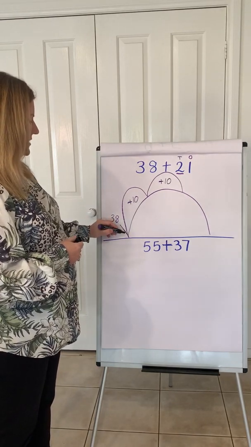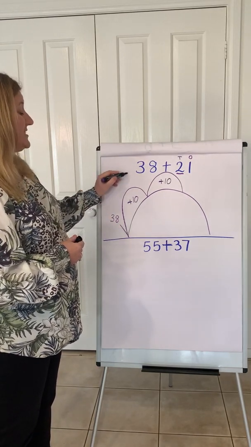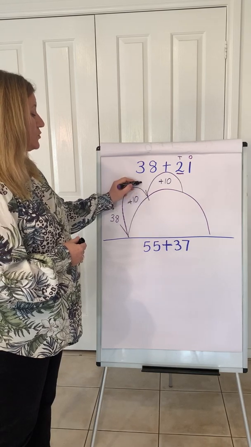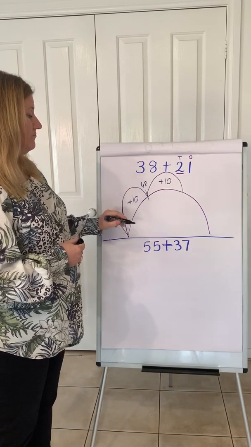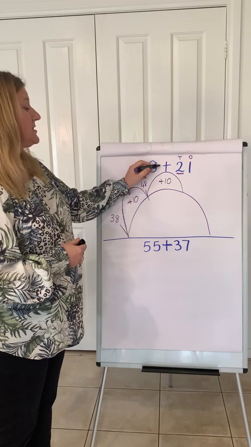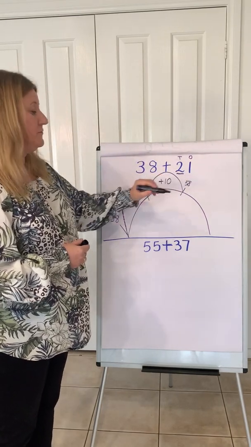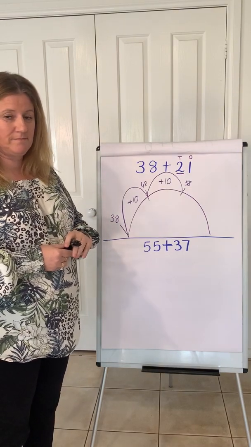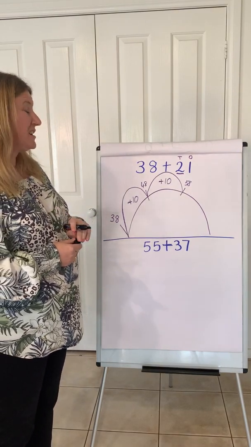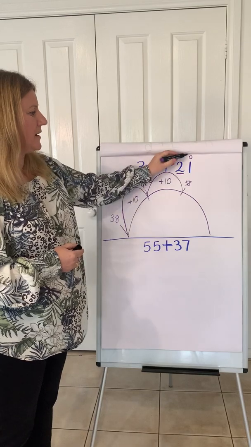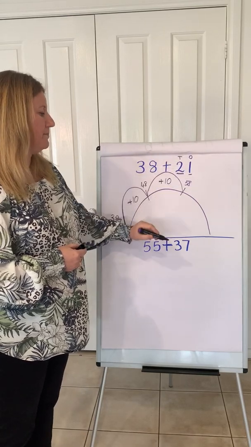So I've got 38. 38 plus 10 equals 48. 48 plus 10 equals 58. But I'm not finished yet because I haven't jumped the number in my ones column, which is 1.